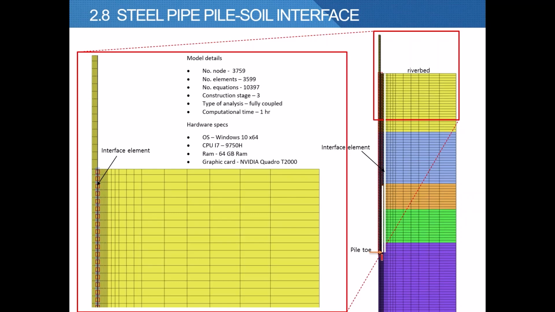By introducing the interface element, we then can limit the developed shaft resistance, in which we can link the analysis to some codes that is specially developed for steel pipe pile, in which I will explain in the following slides. And I will show you what happens if we don't model the interface element when I show you the results of the analysis.